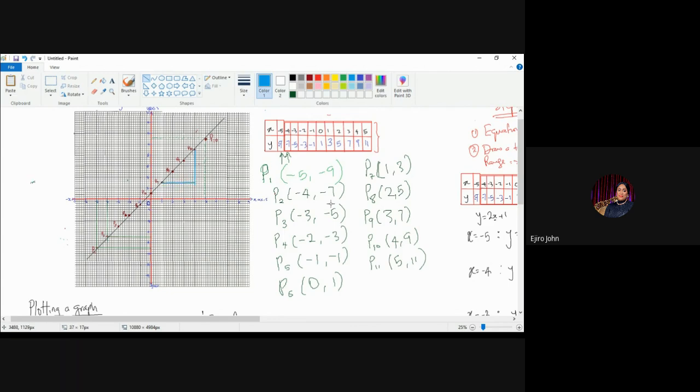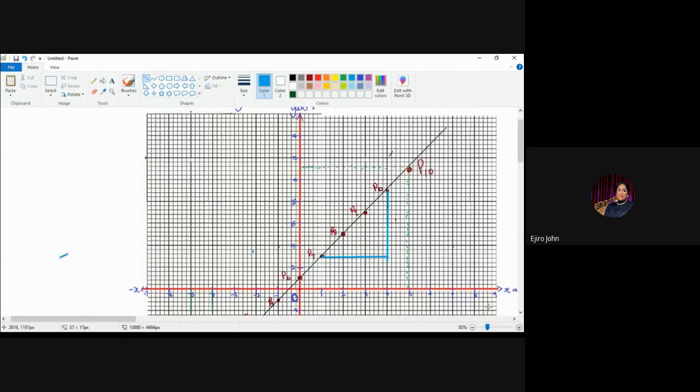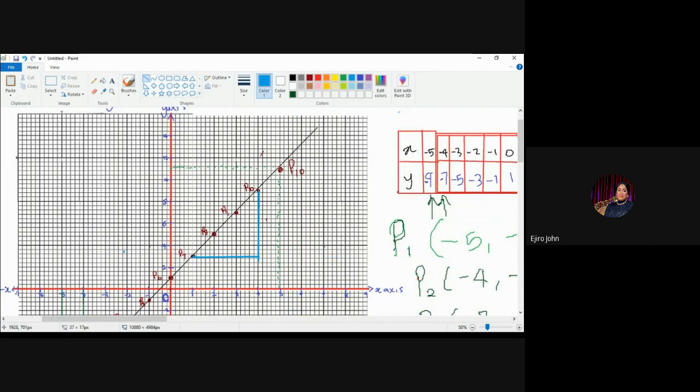That gives us our slope. You can see the right angle triangle I drew here. I chose points P10 and P9 for finding my slope.